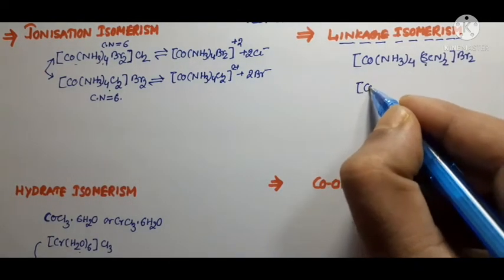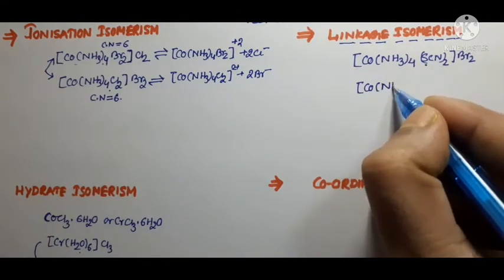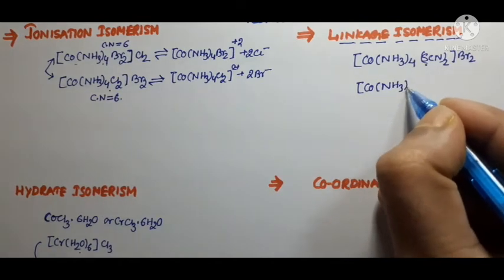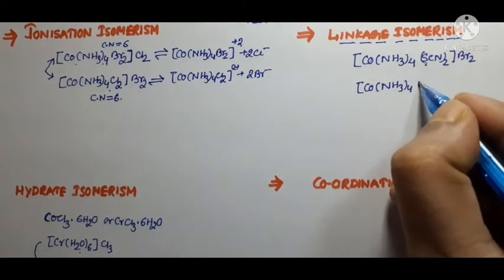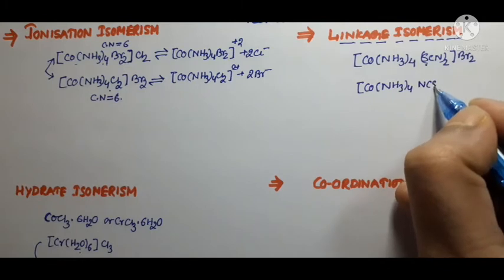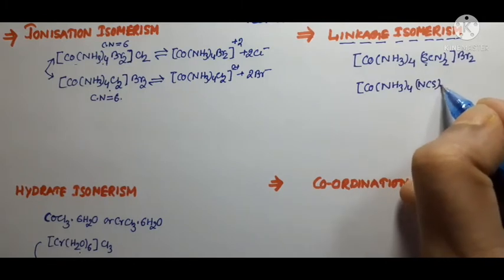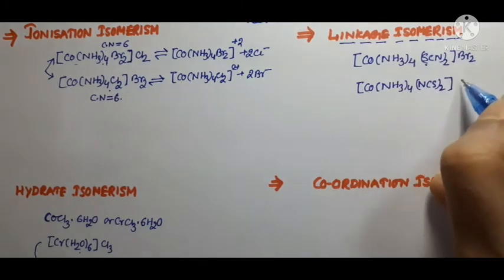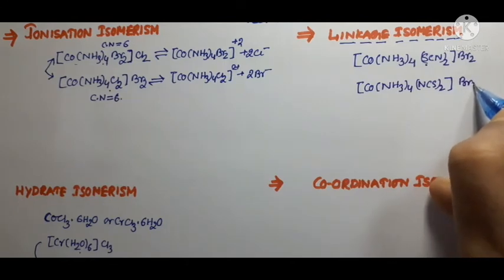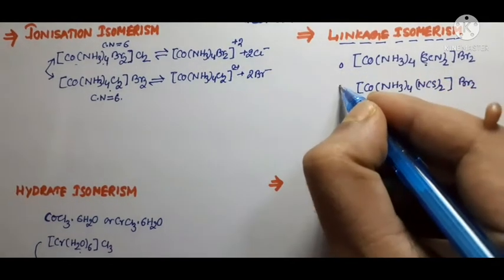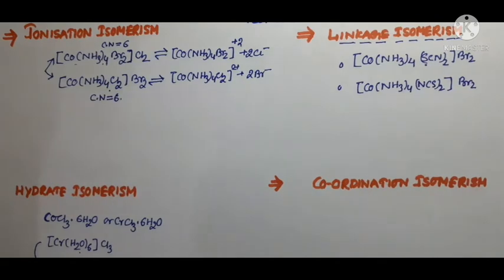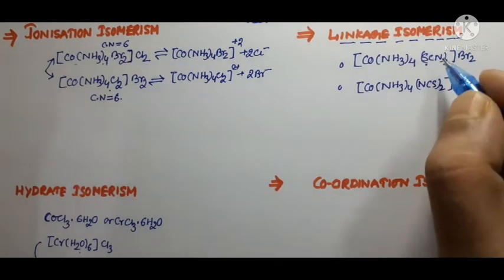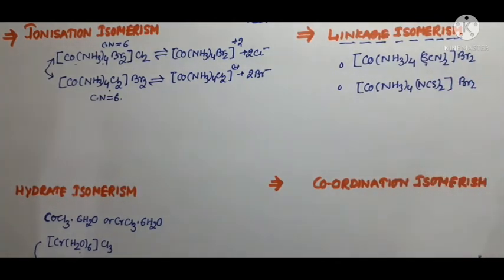So what we need to do: [Co(NH3)4(SCN)2] is converted into [Co(NH3)4(NCS)2]Br2. So whenever an ambidentate ligand is present, we have to only rearrange the donor site.